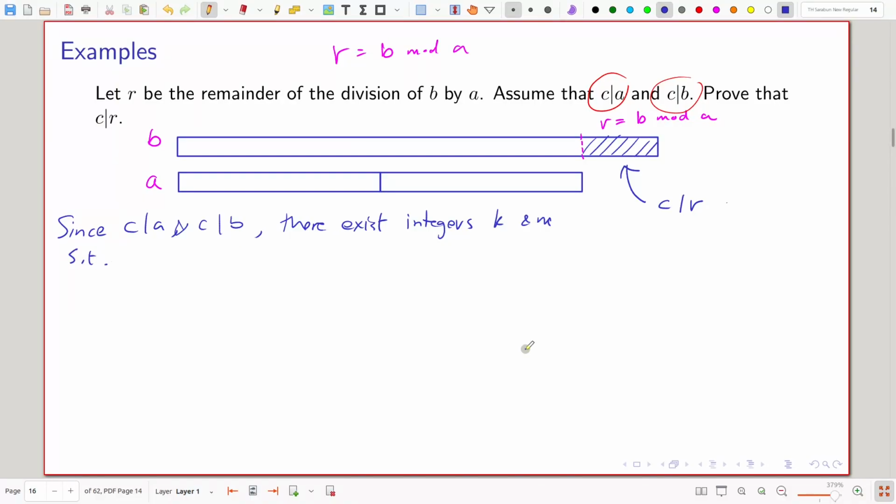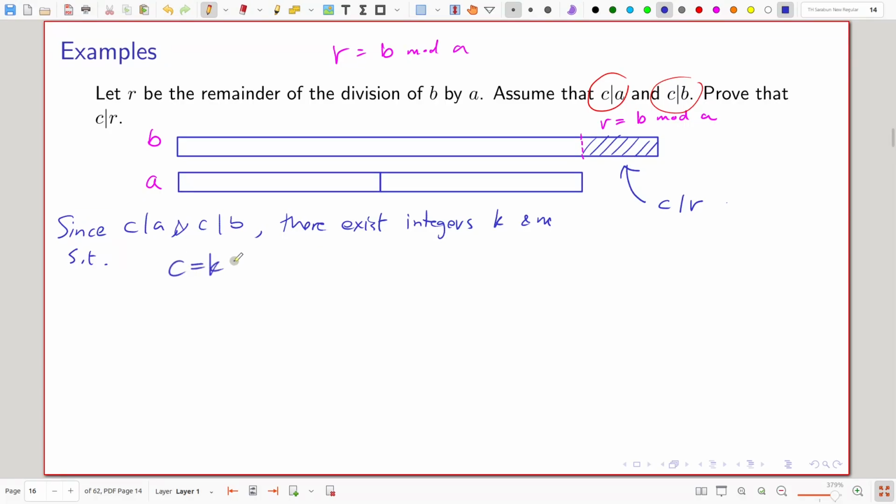C divides A, what do you have? A equals KC or C equals KA? If C divides A, A equals KC or C equals KA.